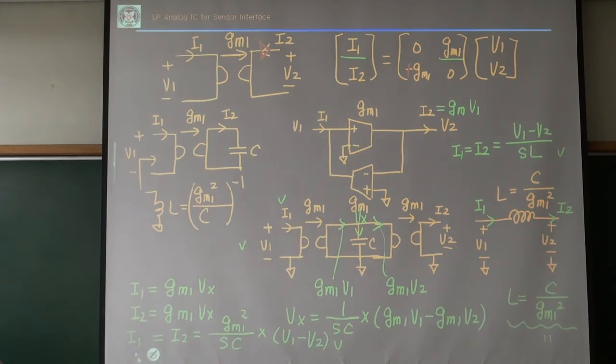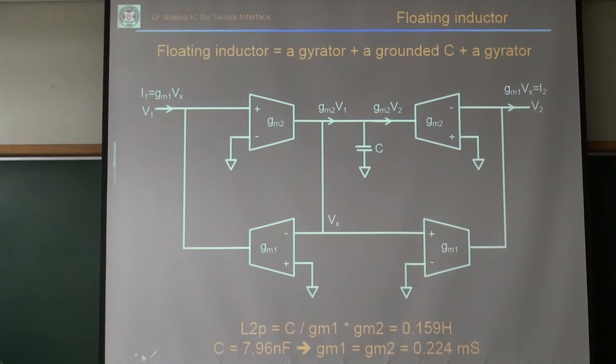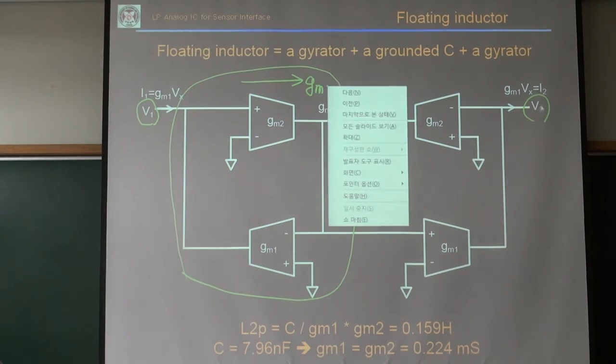Okay, let's look at the implementation of a floating inductor. I have a V1 here, and then V2 there. You can see this is a gyrator, because of the direction of the transconductor here. This is GM2, GM1.